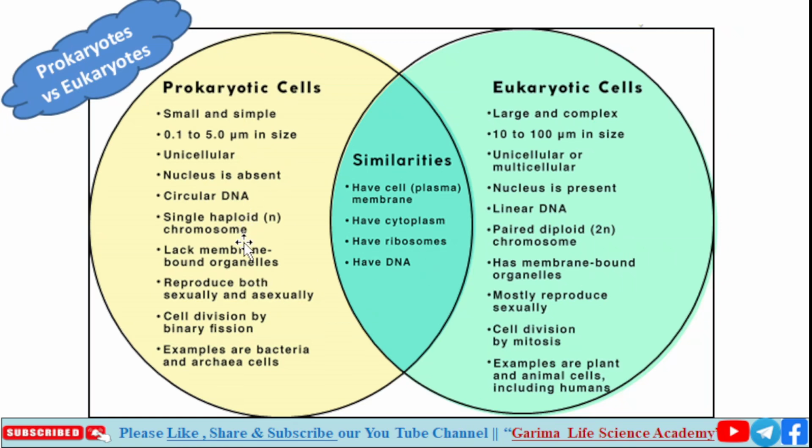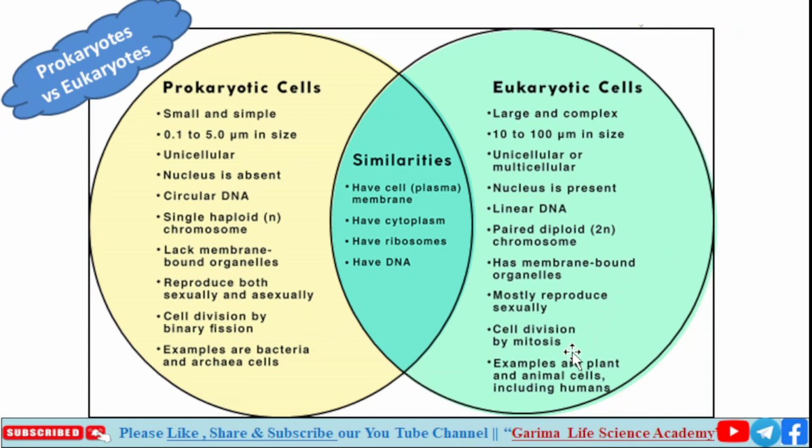Prokaryotic cells reproduce by both sexual and asexual modes of reproduction, but eukaryotic cells mostly reproduce through sexual reproduction. In prokaryotic cells, cell division is by binary fission, but in eukaryotic cells, cell division is by mitosis.